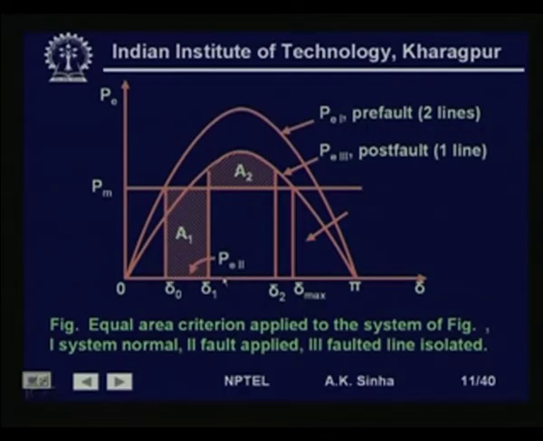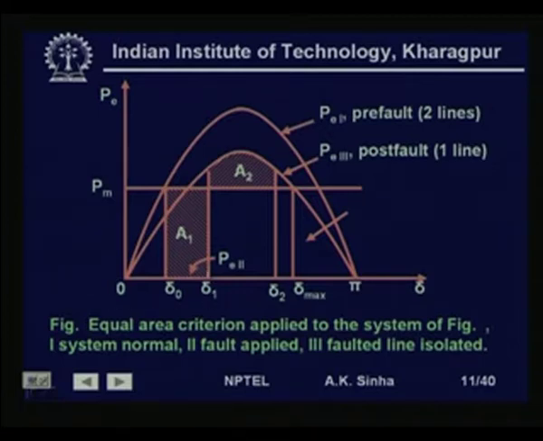If you clear your fault later, suppose we clear it up to this point, then the accelerating area available will be coming up to this point and decelerating area available may not be enough, that is the maximum A 2 which is available may become less than the accelerating area which is there, and system may become unstable.